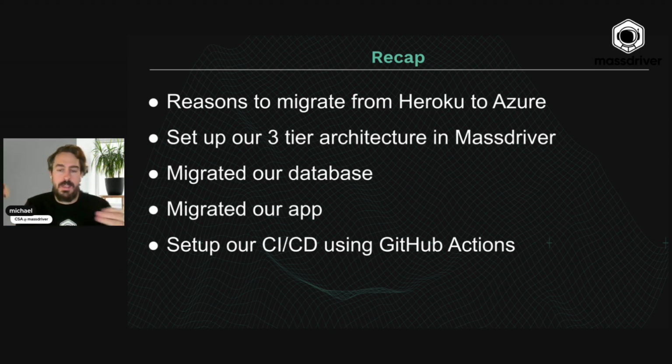We're in a network isolated architecture. Everything is secure. Everything is ready for scaling. It is production grade. Everything looks great. And then we set up our deployment pipeline using a GitHub action. So we can continue to customize that deployment pipeline, add some CI steps if we wanted to. Everything is looking excellent for our migration.